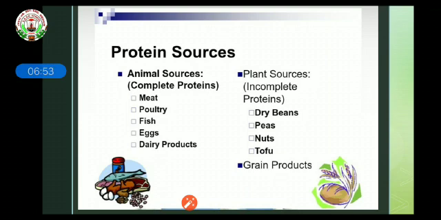In the complete proteins, the main sources of food are meat, poultry, fish, eggs, and dairy products, which contain essential amino acids. And plant sources are dry beans, peas, nuts, tofu, and grain products like pulses and all.